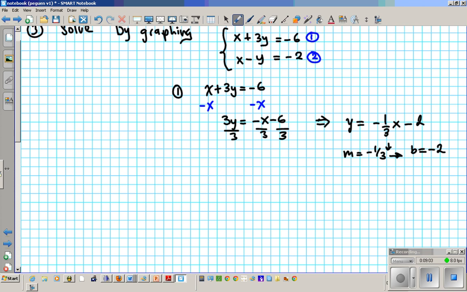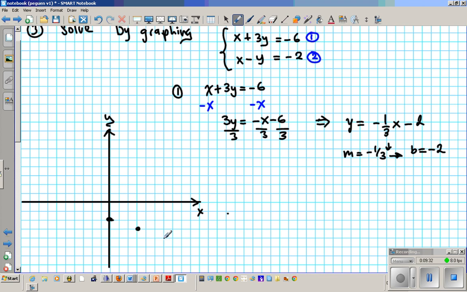Let's go ahead and graph that on the side, so we don't lose track of our work. So basically, this is my y-axis, this is my x-axis. Starting from the b, that's known as the y-intercept, so starting from -2, mark a point, you're going to go down 1 over 1, 2, 3.